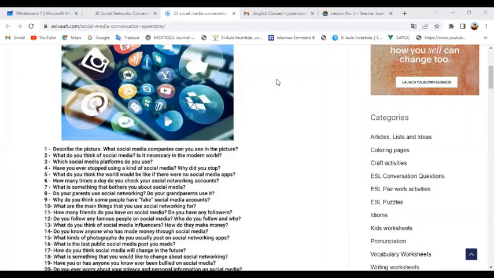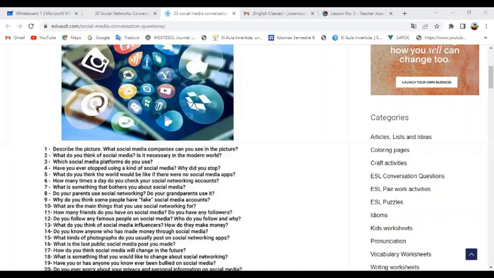But I'm not the kind of person that posts constantly or many times per month. Okay, that's good. And as you mentioned, there are also people who usually post things every day, constantly changing their profile picture and posting different things that they are doing. But it depends on the person, I think. Right, okay, thank you.